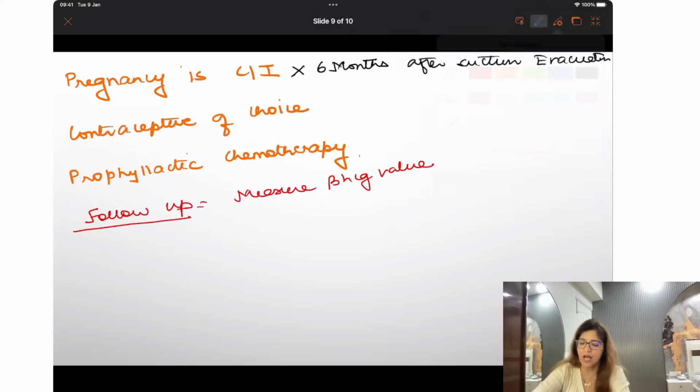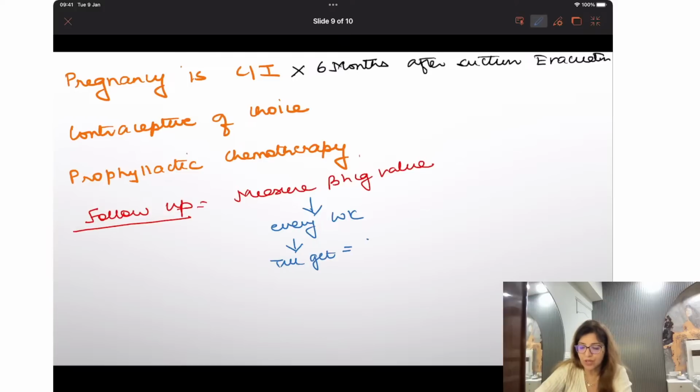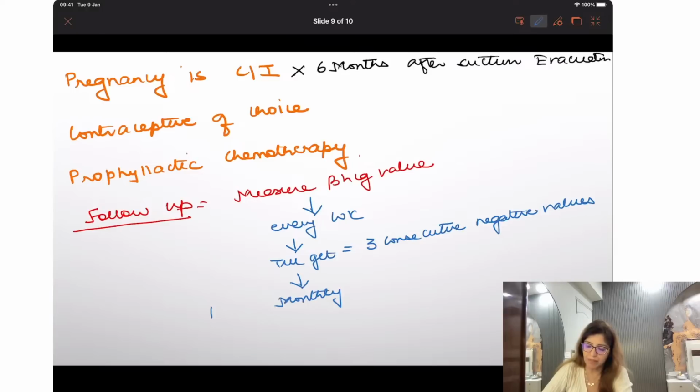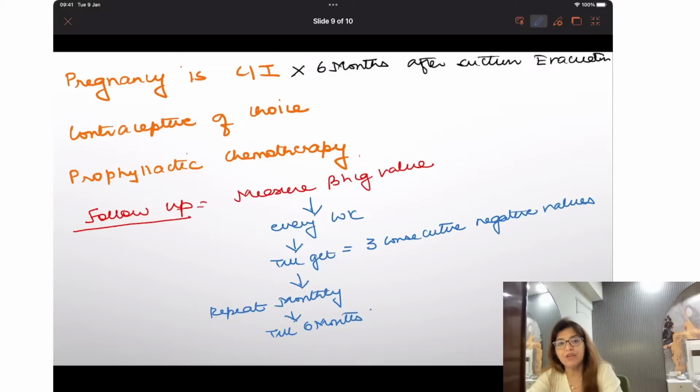This Beta-HCG has to be measured every week till you get 3 consecutive negative values, and then you repeat it monthly till 6 months, right? So हम क्या करते हैं, every week beta HCG को check करते हैं until you get 3 consecutive negative values, then you have to repeat it monthly for 6 months.